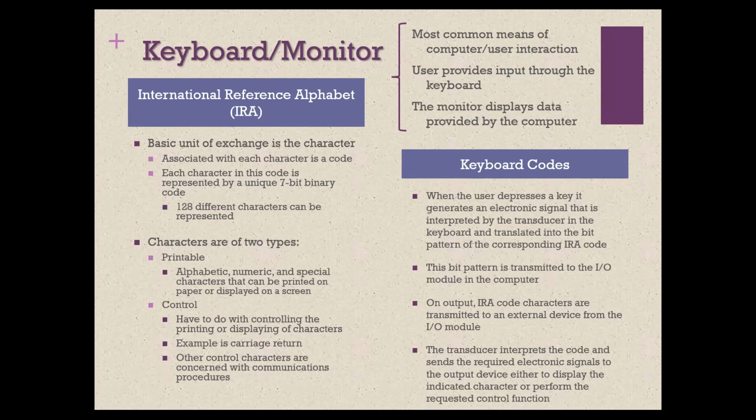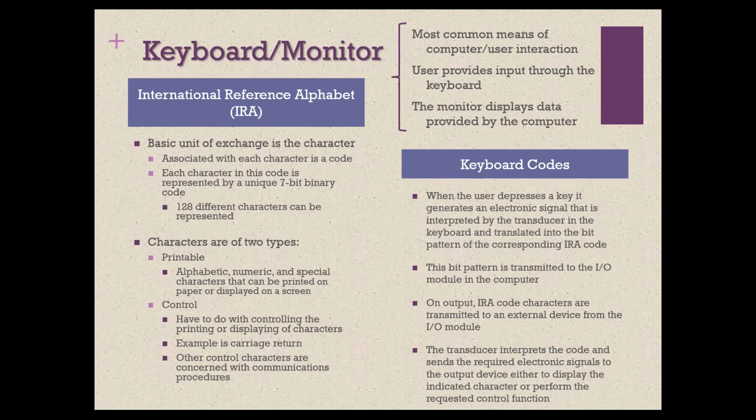For the keyboard input, when the user depresses a key, for example, this generates an electrical signal that is interpreted by the transducer in the keyboard and then translated into the bit pattern of the corresponding IRA code. This bit pattern is then transmitted to the I/O module in the computer.